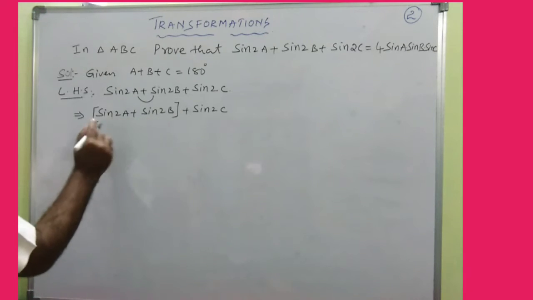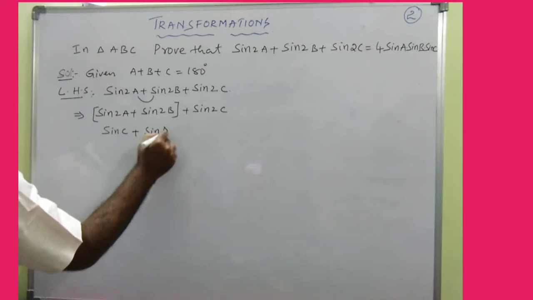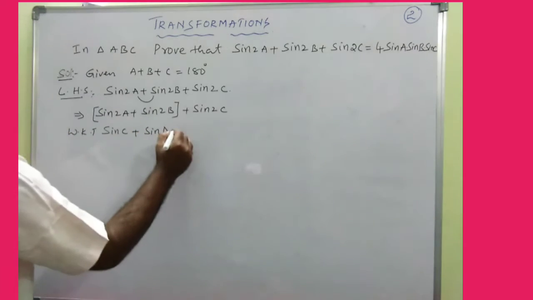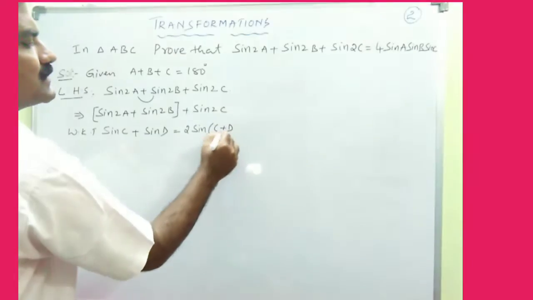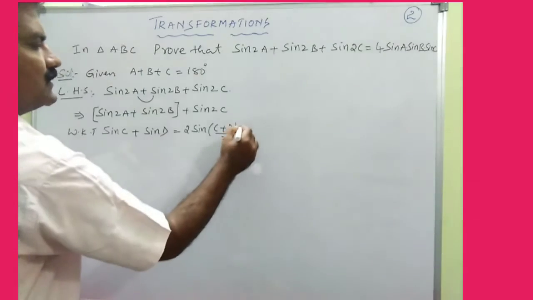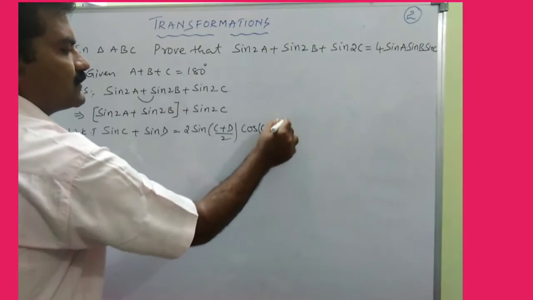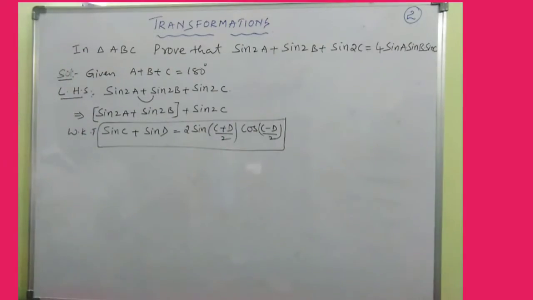Now you see, this is just like sin C plus sin D. What is the formula for sin C plus sin D? 2 into sin of (C plus D) by 2 into cos of (C minus D) by 2. This is the formula we are going to use right now.